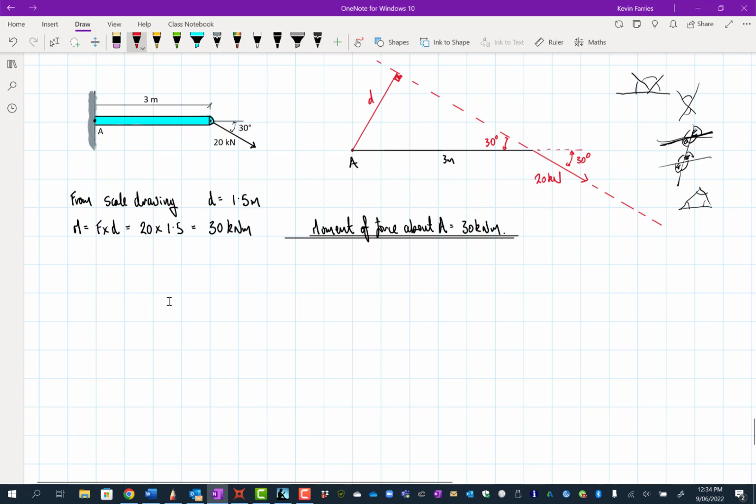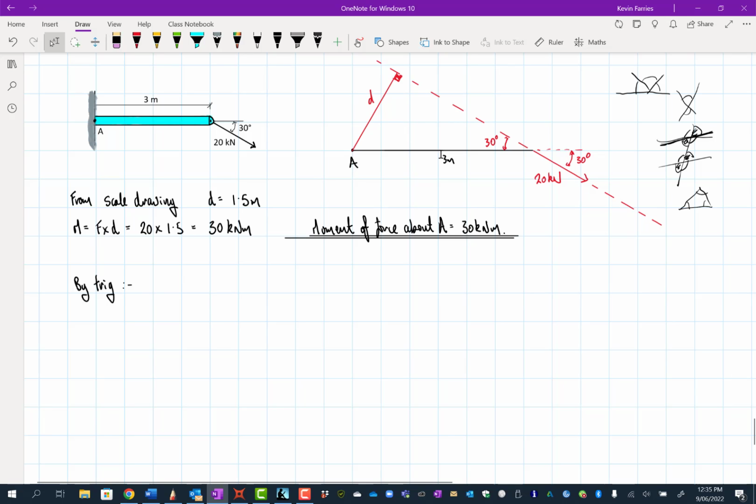This time by trigonometry. We've got the angle, this must be the hypotenuse, it's opposite the right angle, and this must be the opposite, it's opposite the angle.